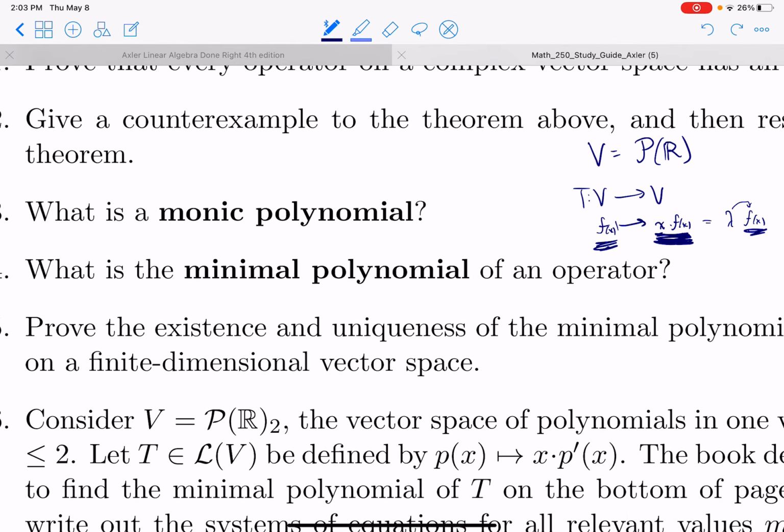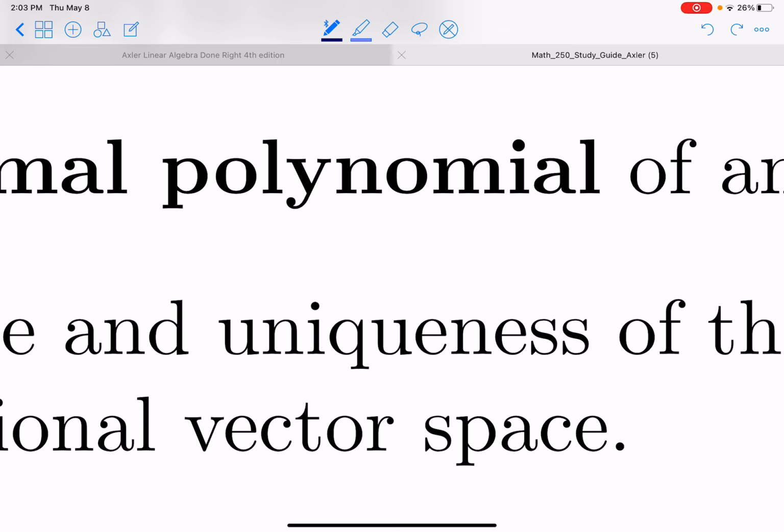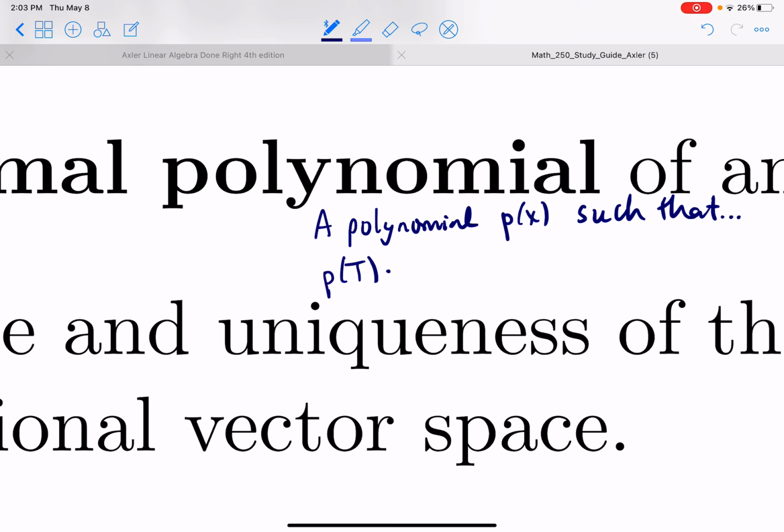So what's the minimal polynomial of an operator? The minimal polynomial is, first of all, a polynomial, let's say p of x, such that, and now here are the keys, p of T v is 0 for all vectors v.